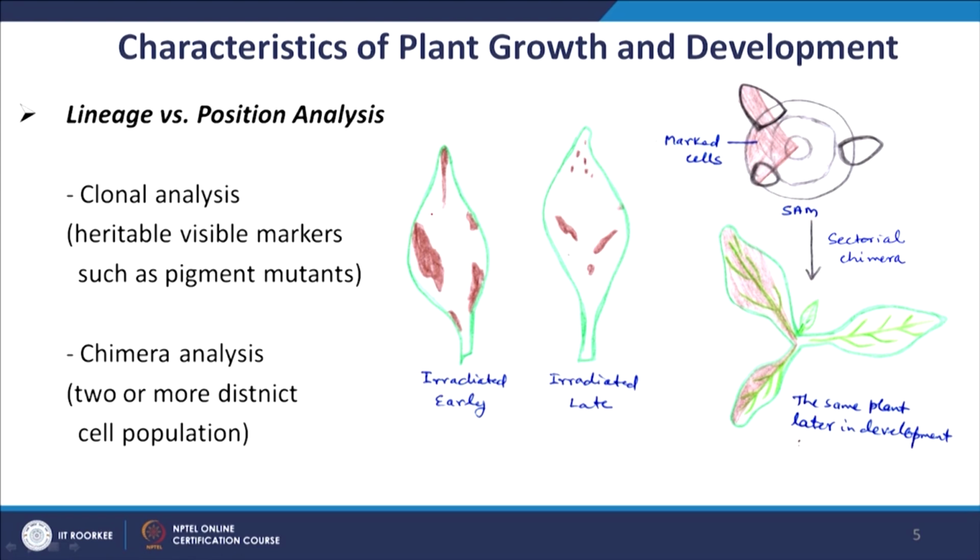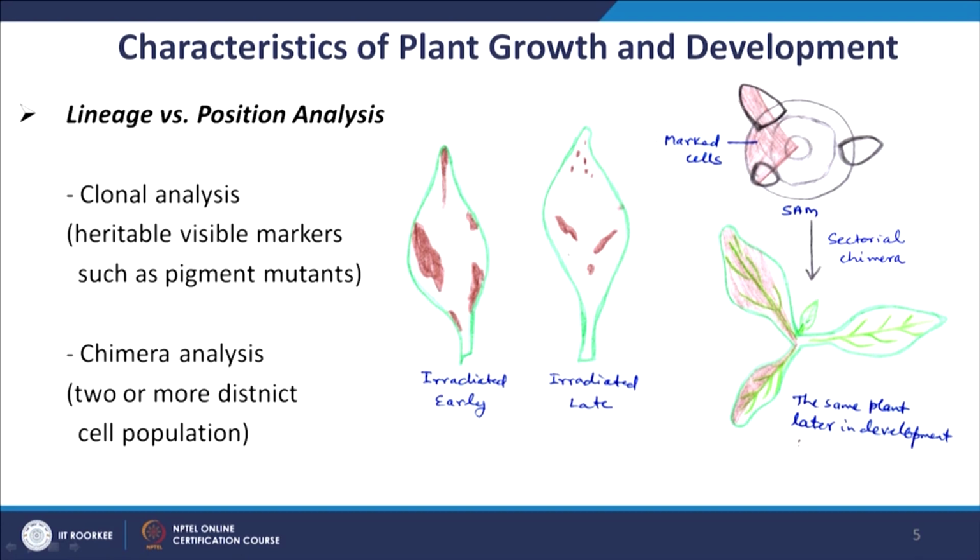Okay. Another way of checking this is chimera analysis. Chimeras are plants which might have two or more distinct cell populations. If you take this example, let us assume that this is a top view of a plant and it has a sectorial chimera.